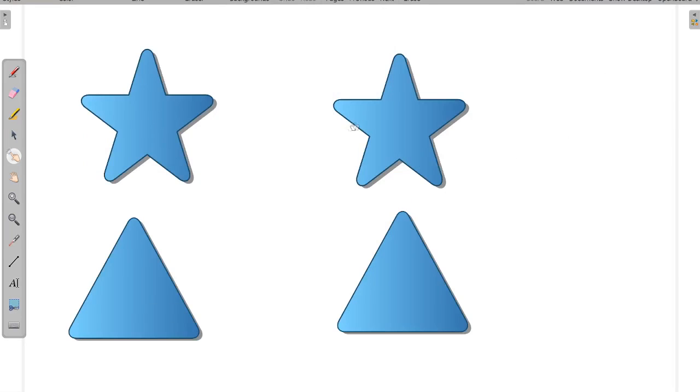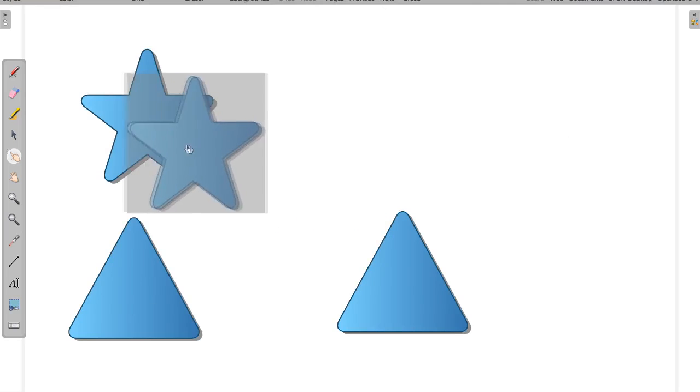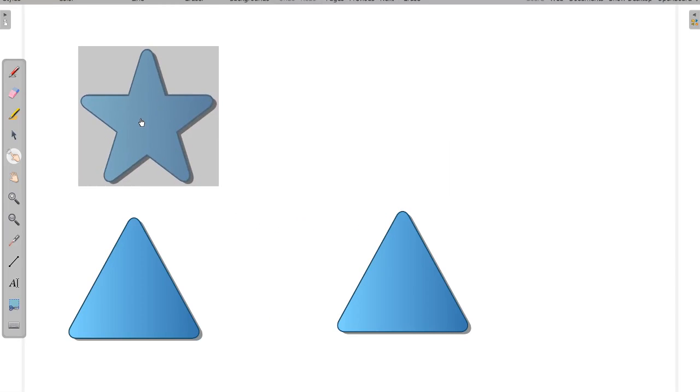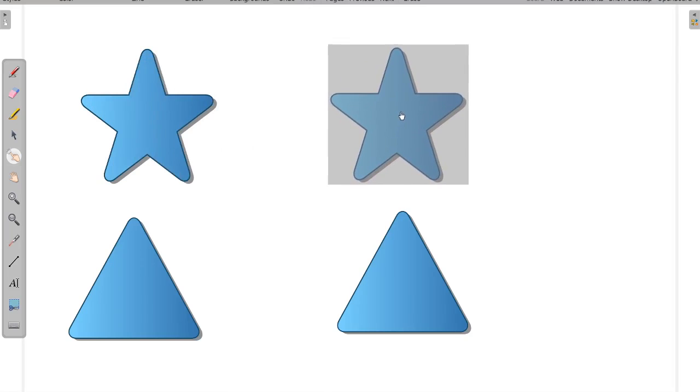These are stars, and we can say that these stars are also congruent to each other. When we superposition them, they are superimposed on each other. Here it seems that only one star is there, but there are two stars because they are superimposed on each other. So these stars are also congruent to each other.